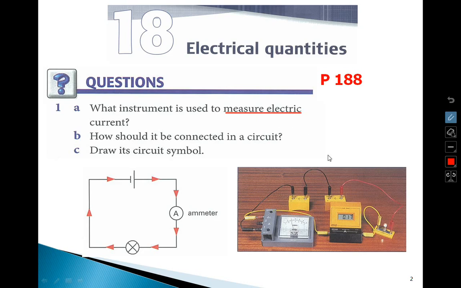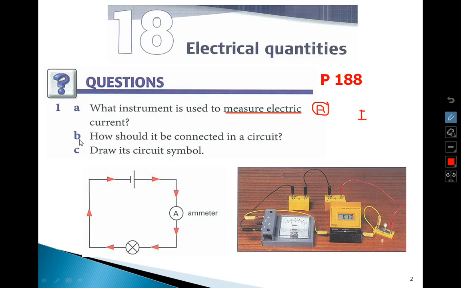As we said before, an ammeter is used to measure current, I. On the other hand, a voltmeter is used to measure voltage.